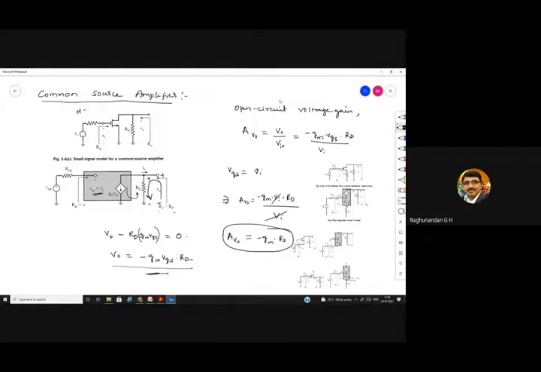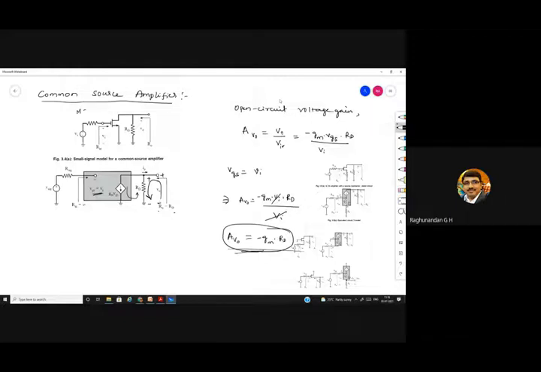If you're looking into the book, there they have directly given Av naught equal to minus gm into RD. So how did we get this? This is the step: when you substitute V naught and VGS, then you finally get Av naught. Now, once you are done with this part, the next is you need to find the overall voltage gain.